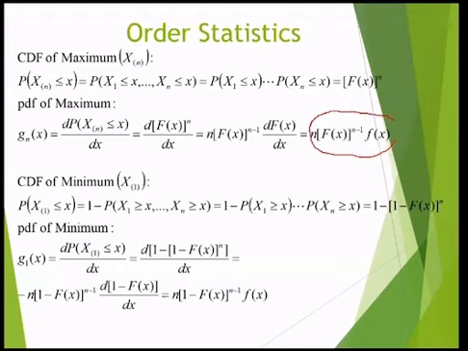What am I plugging in? What is n? The number of the variables, 5. What is the uppercase F of x? That is x, which I just derived. What is the lowercase f of x? That is the PDF, which is going to be 1, right? Then you can see F of x raised to power n minus 1.